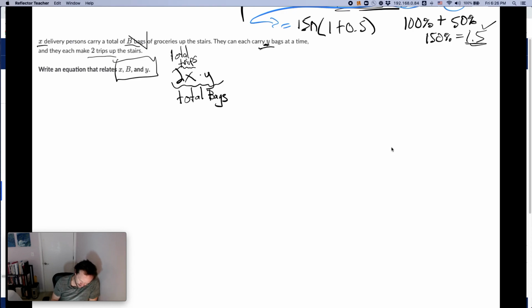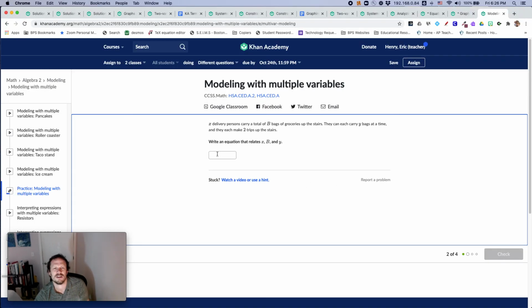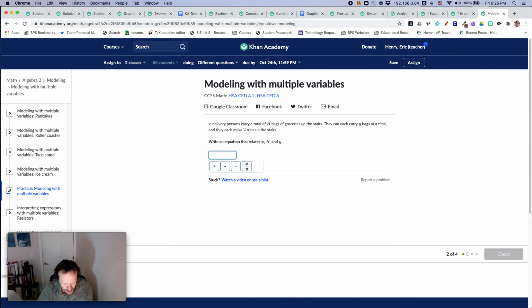So that equals B. Okay, let's just put that in. Doesn't seem a lot to do on that. I was telling you that we should always consider some numbers on this. I'm running out of steam. I'm just going to put it in. 2xy equals B. We got it.